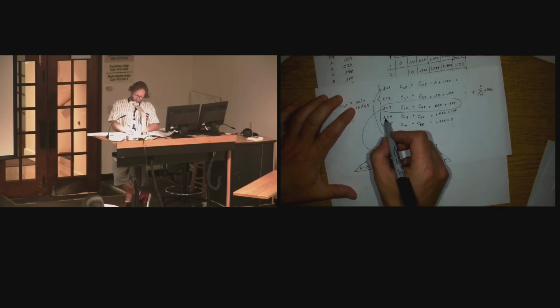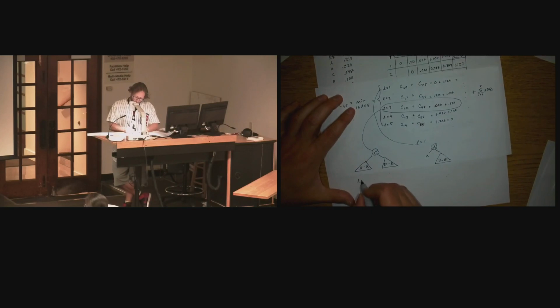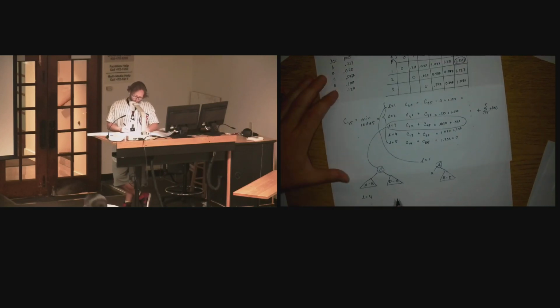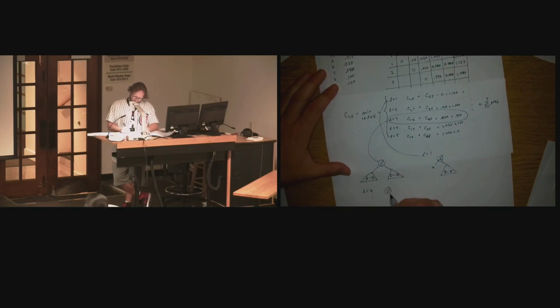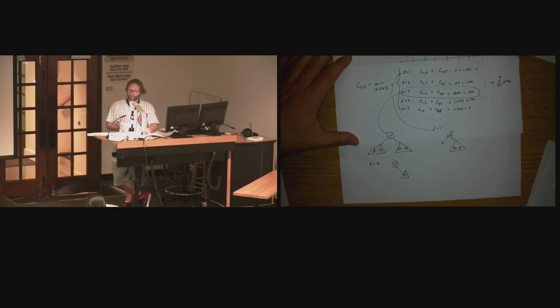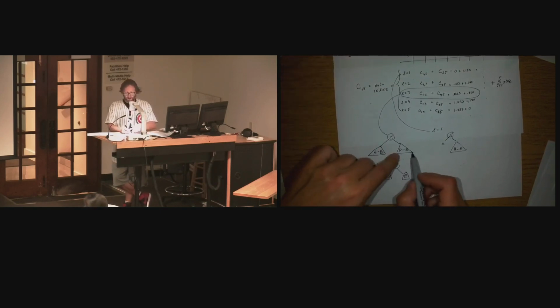At another end of the extreme, L equals 4. That is you splitting it at D, and then over here you've got E. Well, I don't even want to make that into its own tree because there's only one element over there. But over here it's A through C. And then you've got the other that.